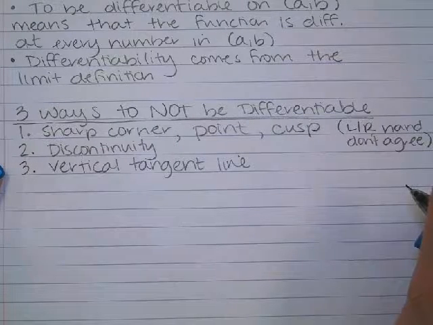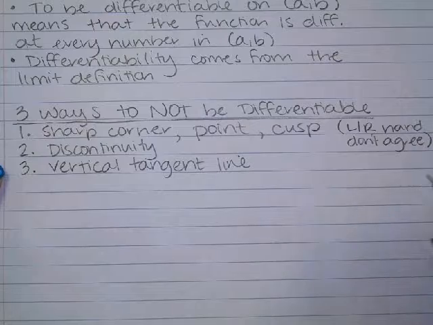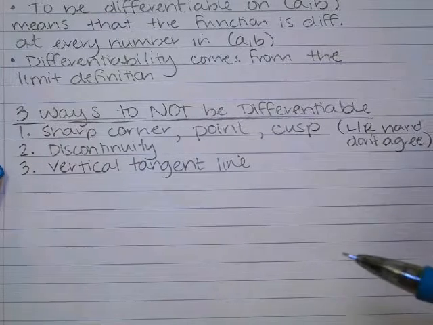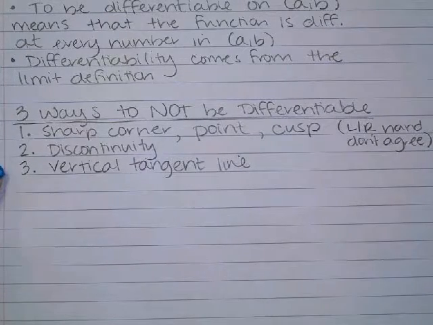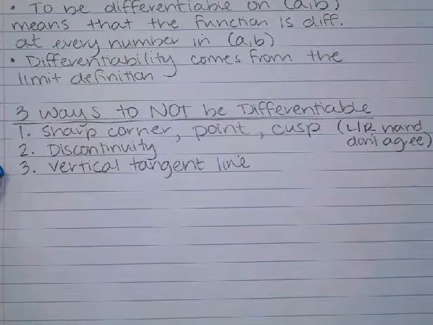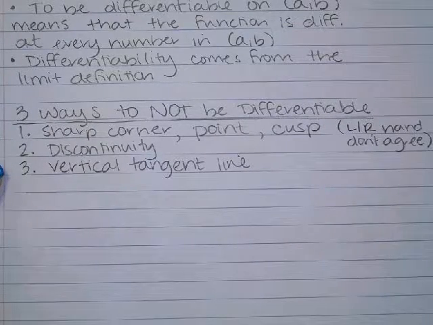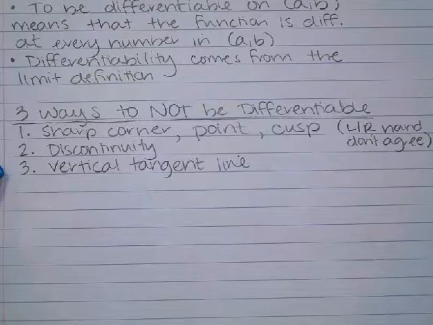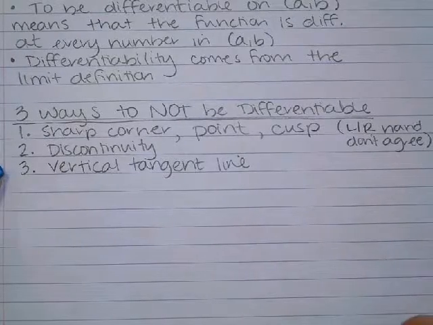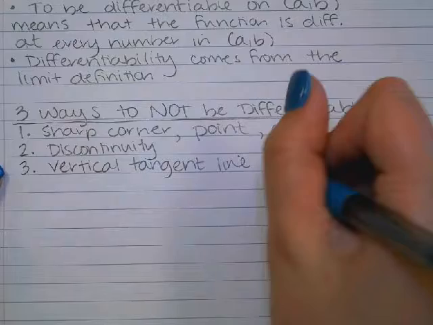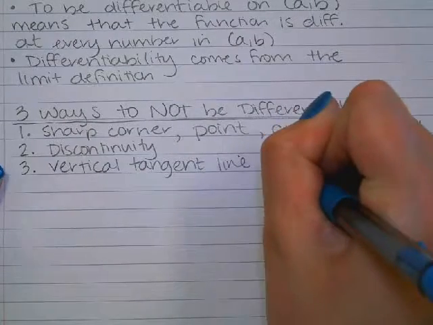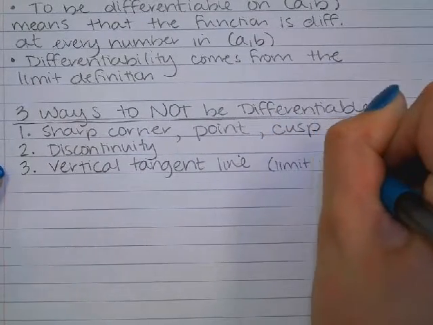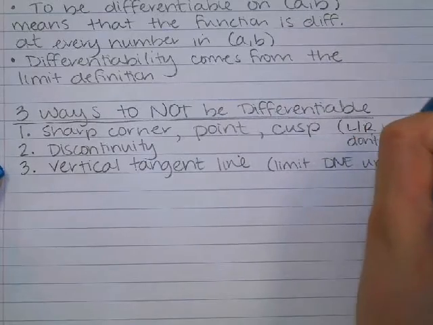A tangent line is a line that comes alongside the curve, and a vertical tangent line would mean that line goes straight up and down. And what's the slope of a line that goes straight up and down? It's not zero. It's undefined, which is why the derivative is not going to exist there, because the slope doesn't exist. Does that make sense? Exactly right. The limit doesn't exist because it's unbounded.